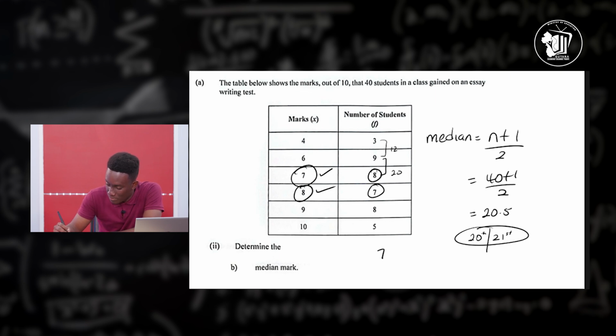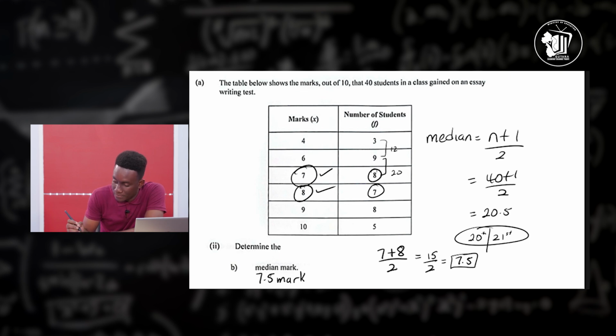So the median would be 7 plus 8 all divided by 2, since we have two numbers in the middle. 7 plus 8 is 15, and 15 divided by 2 is 7.5. So the median mark is 7.5 marks.